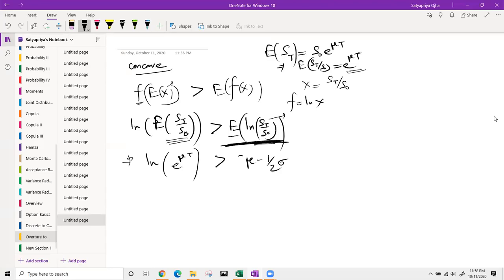And clearly you can see log e to the power mu t is mu t. This is greater than that. So now you can see how much it is greater. This is the adjustment factor.